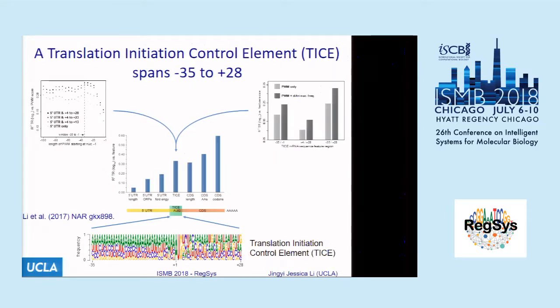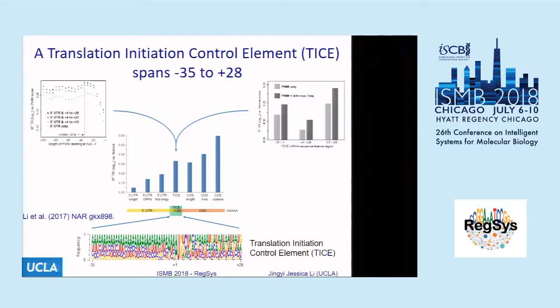The TICE, a definition in our paper, is called translation initiation control element. It is an element we found that spans the AUG, the translation start site, and here in yeast, it's from negative 35 base pairs to positive 28 base pairs.